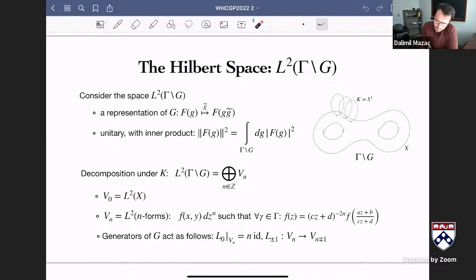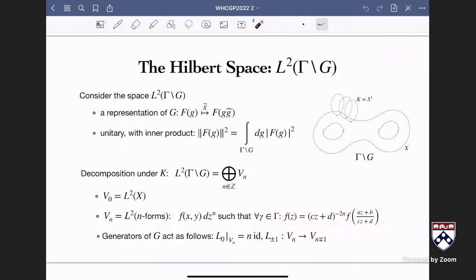They are just scalar functions on the surface itself, and the Vn consists of L2 normalizable n-forms. So they are objects on the upper half plane, such that f(x,y) dz to the n is invariant under Gamma. So they're like modular forms of weight 2n. Sorry, I missed. Where did the circle come from?